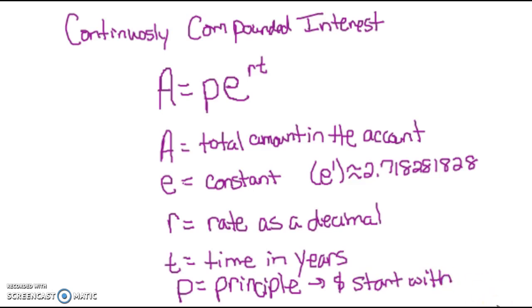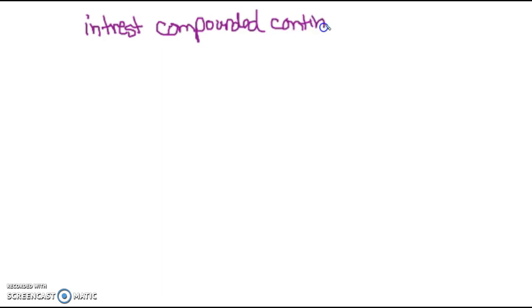So if we want to see how this formula works, if I tell you your interest is compounded continuously, how much did we do up there?